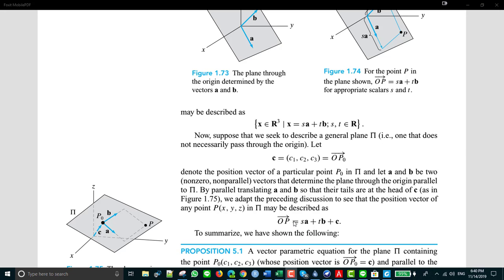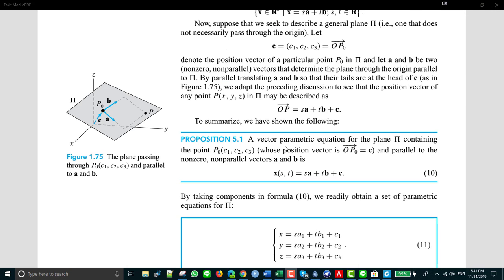So what we're saying is the vector OP, or the point P, equals C plus SA plus TB. So what we've shown is a vector parametric equation for the plane pi containing this point and parallel to the non-zero, non-parallel vectors A and B is this.